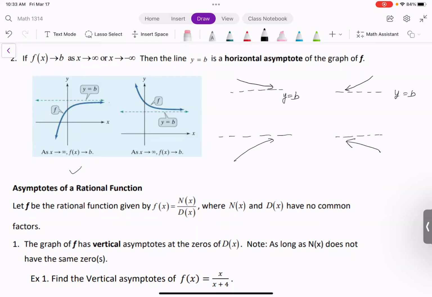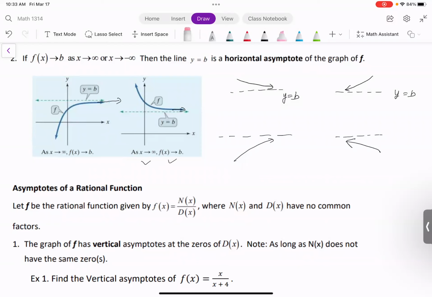So in the example, f of x approaches the line y equals b. X approaches infinity because it's moving all the way to the right, and the y value approaches b. And in the second example, as the function approaches the line this way and x approaches infinity, the y value approaches b.